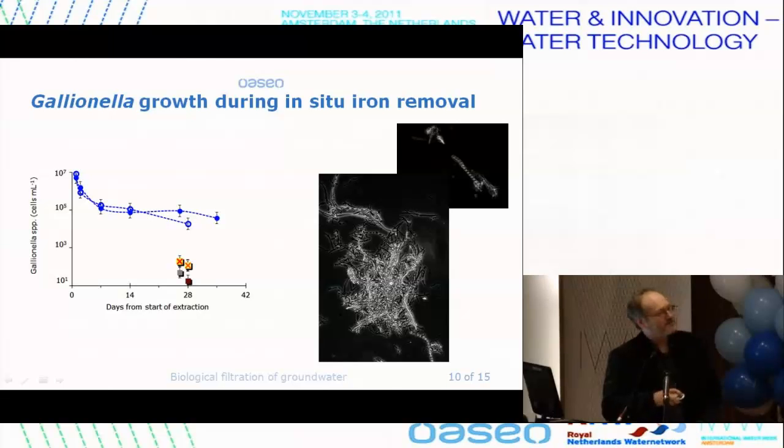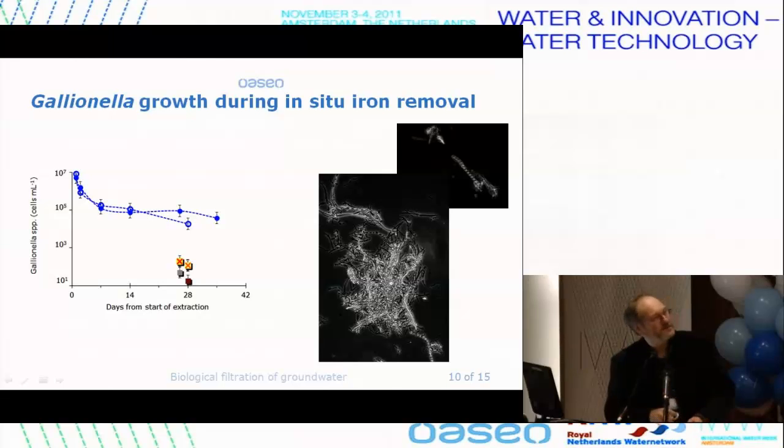And on the vertical axis you first see some dots here, which is on the logarithmic scale about 10 to 100 cells per milliliter. And then here on the vertical axis in log scales, this is 10 to the 5th and this is 10 to the 7th. So you see that after this observed in situ iron removal, you get a really huge increase in Gallionella cells coming from this well.